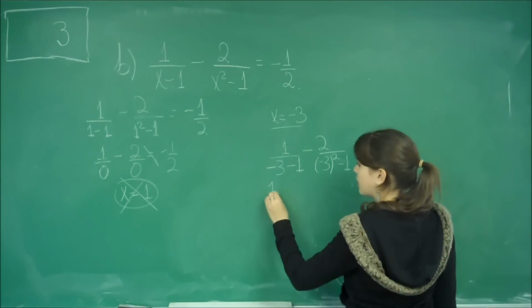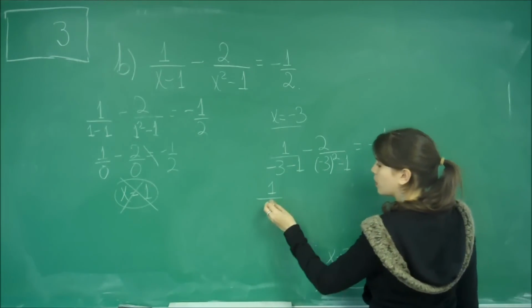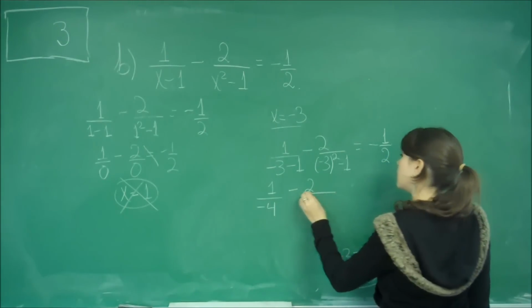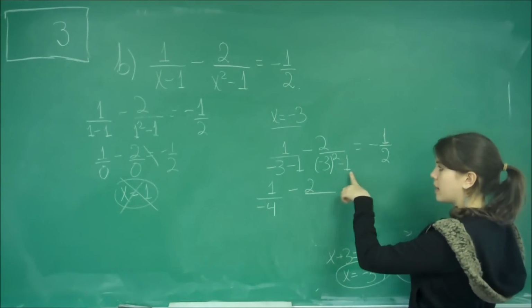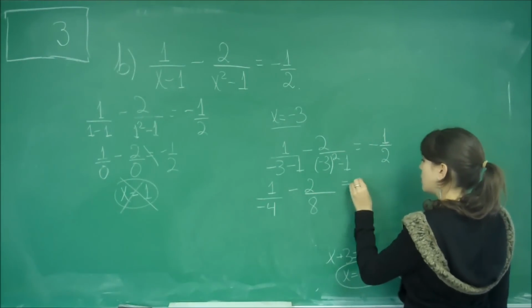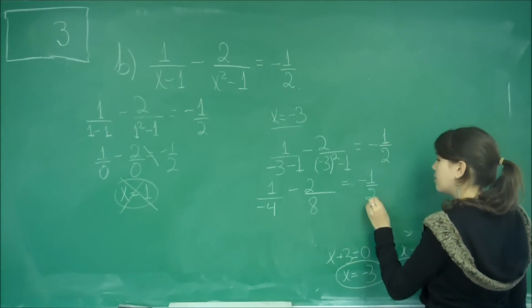This gives me 1 over negative 3 minus 1, which is negative 4, minus 2 over positive 9 minus 1, which is 8, equals negative 1/2.